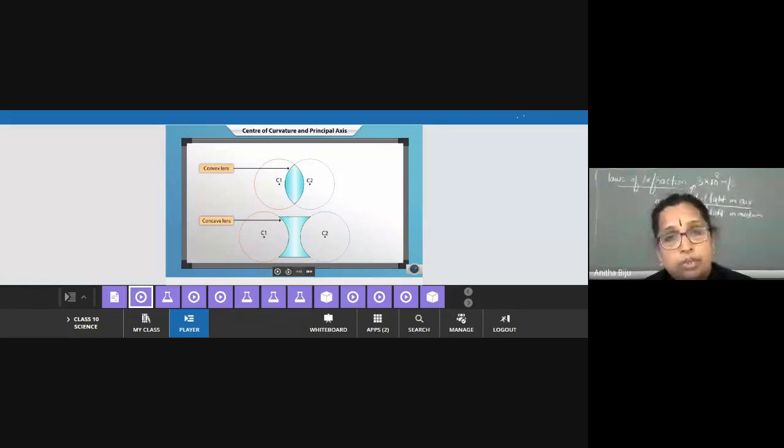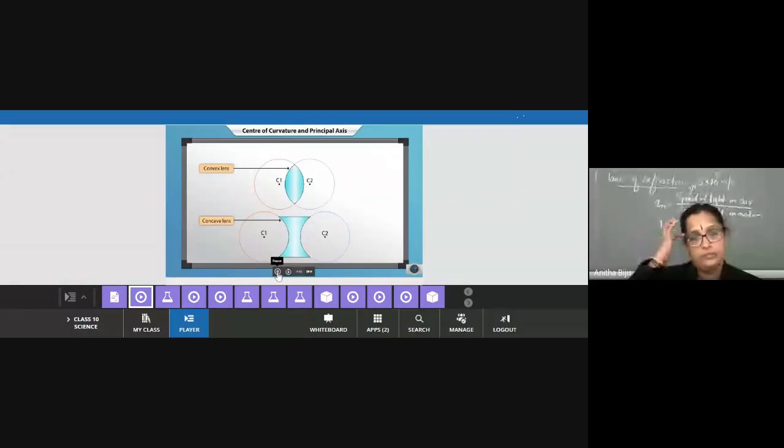The center point of the first sphere is C1 and the center point of the second sphere is C2. Similarly, in the case of a concave lens, both spheres are connected, and C1 and C2 represent their centers of curvature. So this diagram illustrates that whether it is a concave or convex lens, it is a part of two different spheres.